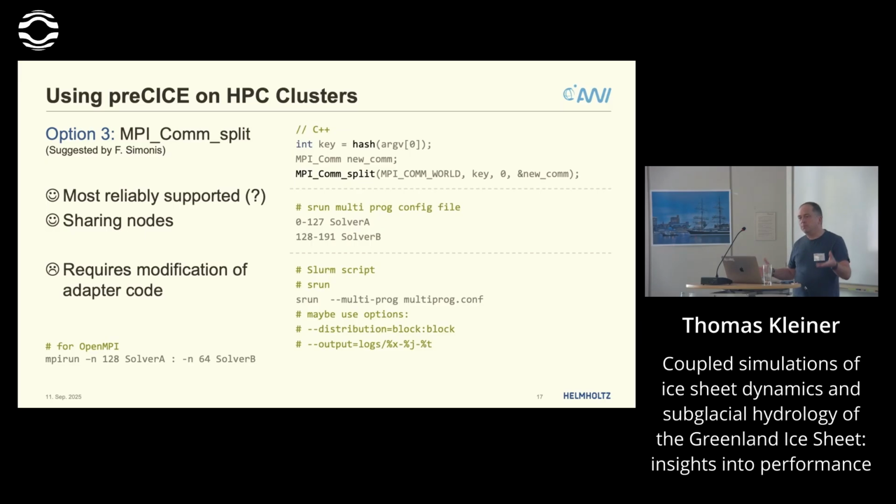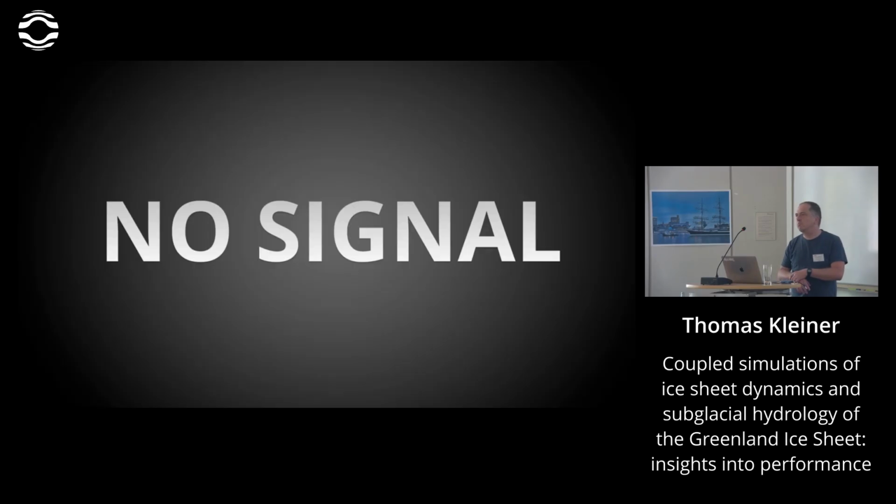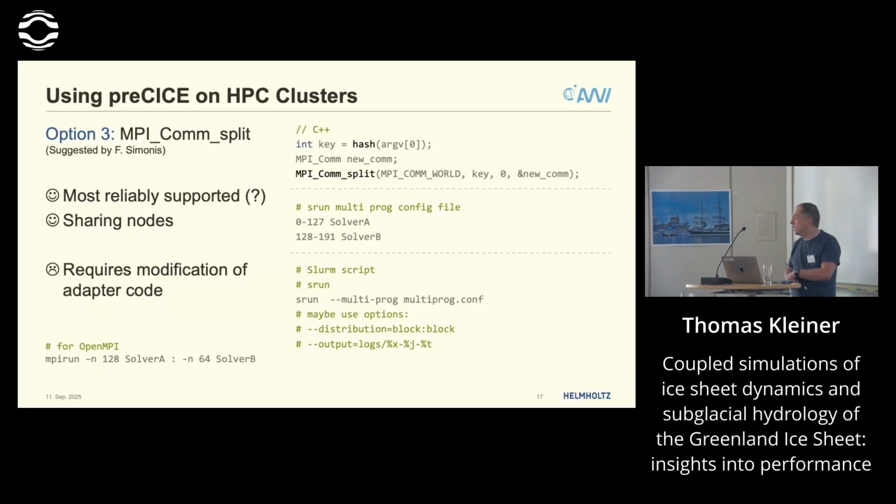For our application, this works because they have different names, but if you want to couple the same solver with different configurations, you probably want to create your hash maybe from the configuration file or whatever. We have very good experience with this, but we have only tested this with OpenMPI. I don't know how it works with other implementations.